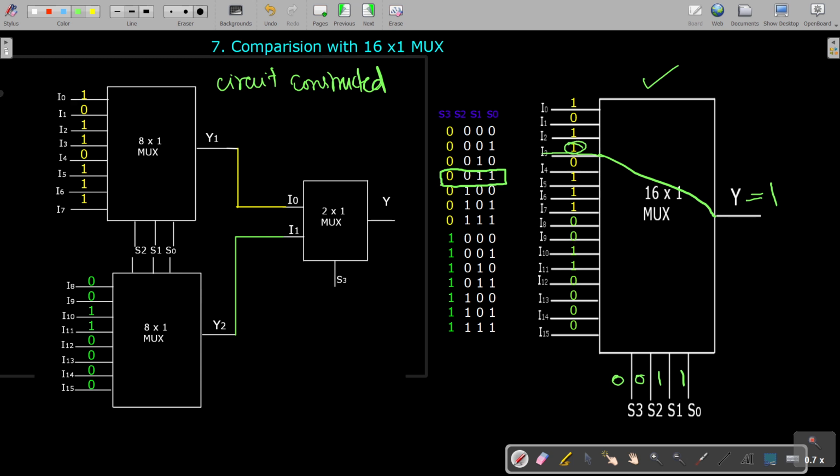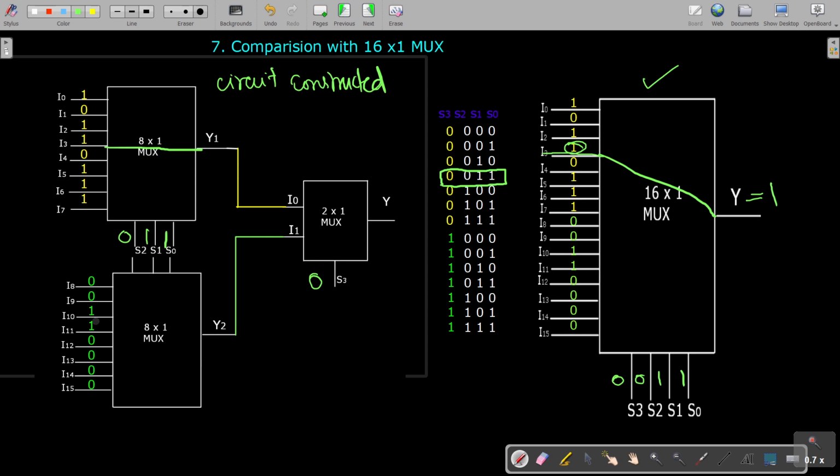Here you see the same thing, right? So 0, 1, 1, and here yes, S3 is 0. So because of this selection input 0, 1, 1, this I3 is selected and it is being applied here. It is being connected here.